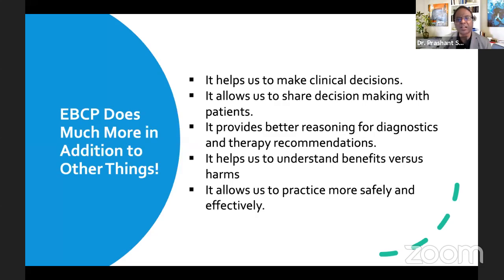It provides better reasoning for diagnostic and therapy recommendations, so we can convince our patient that this is the best treatment for them. It helps us understand benefit versus harm when making decisions for certain drugs, especially chemotherapy or even anticoagulants. It also allows us to practice more safely and more effectively.